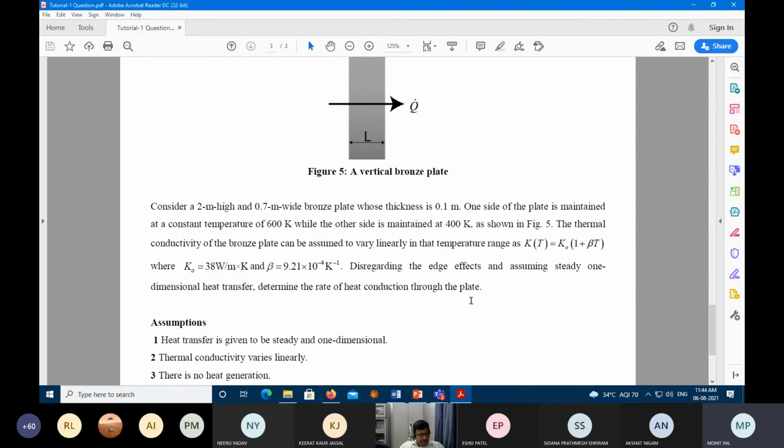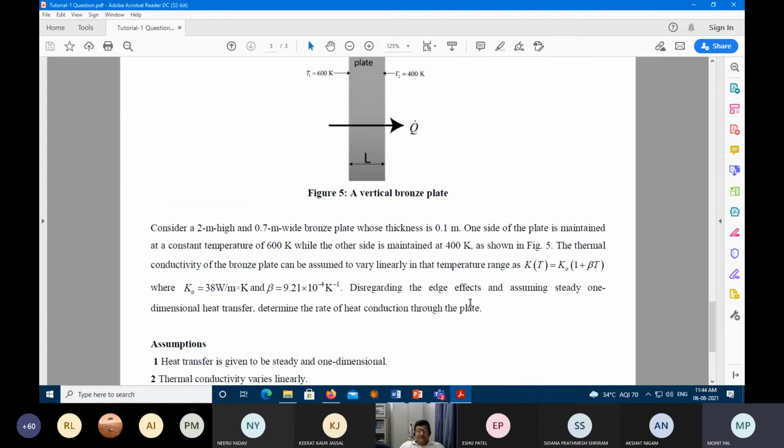And yes, there are certain assumptions. First, heat transfer is given to be steady and one-dimensional. Thermal conductivity should vary linearly, and there is no heat generation. So how do you attempt the problem?